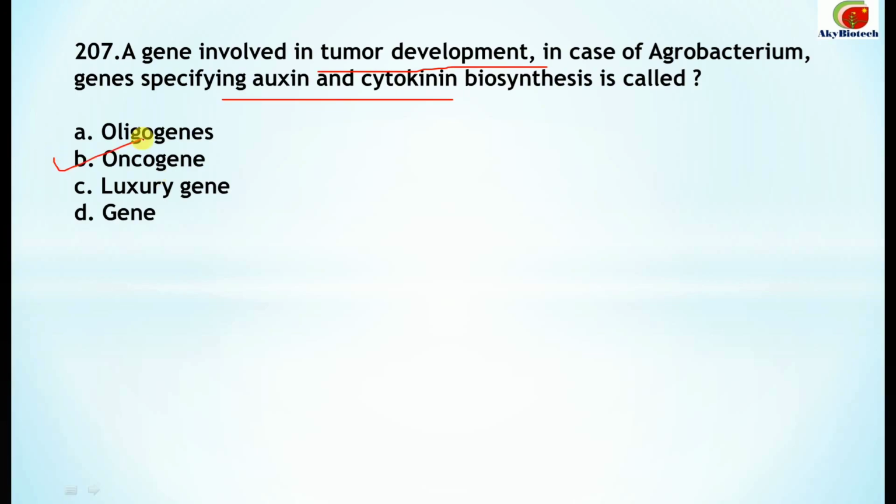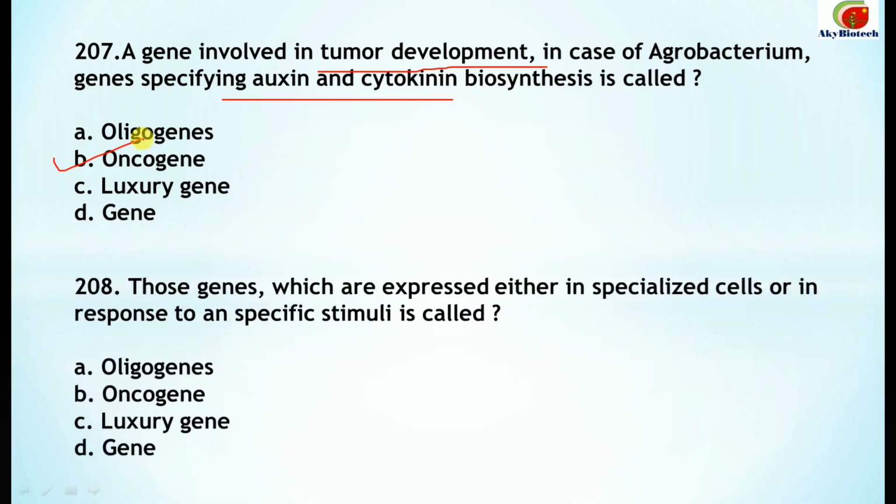This one is the correct one. 208. Those genes which are expressed either in specialized cells or in response to specific stimuli are called luxury genes. This one is the correct one.